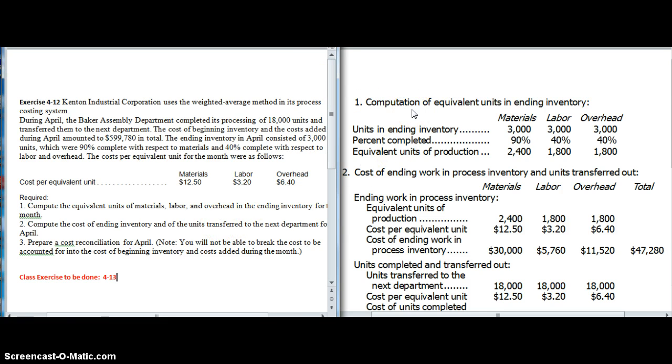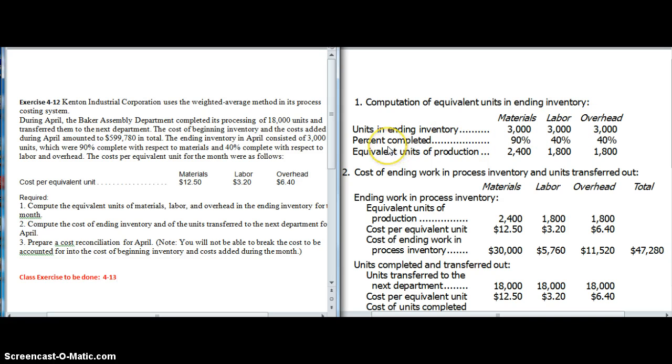The first step is computation of equivalent units in ending inventory, for which you always begin by writing how many units are there in the ending inventory, which are incomplete. From the question, there are 3,000 units. As you can see here, it's written the ending inventory in April consists of 3,000. You will write 3,000 units each under materials, labor, and overhead.